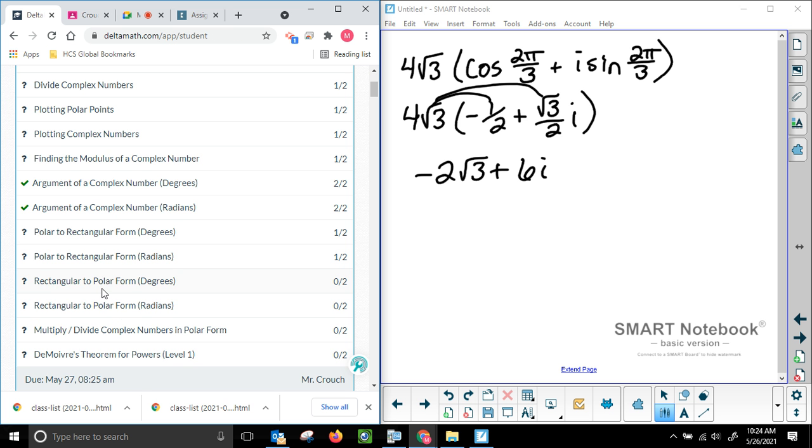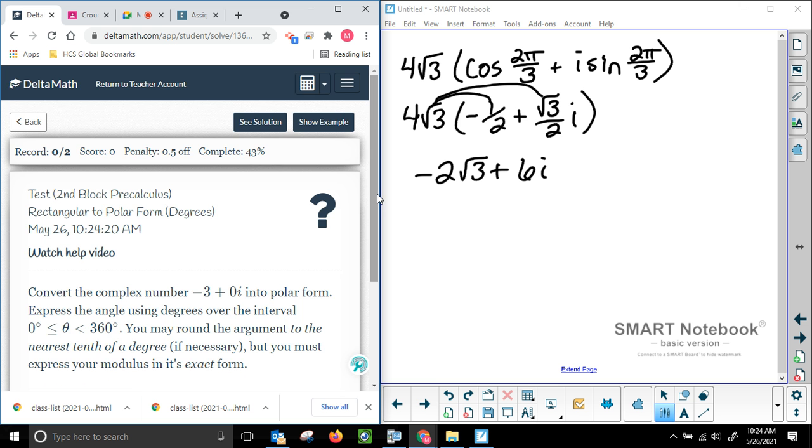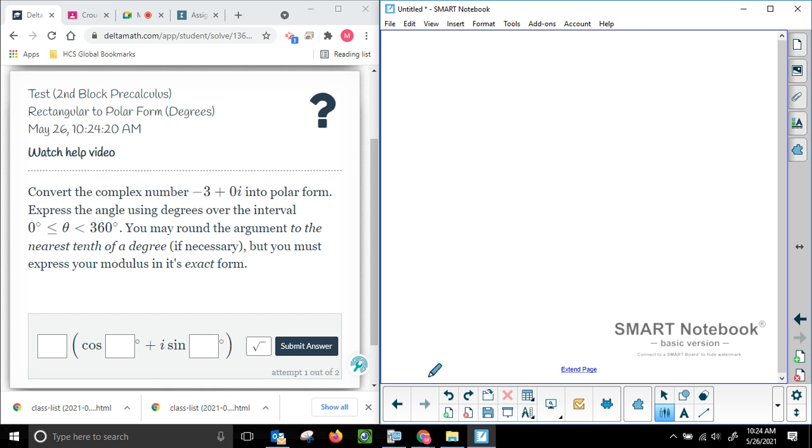So now we go down here. Now we're going from rectangular to polar, going into degrees here. It says convert the complex number negative 3 plus 0i into polar form. Express the angle using degrees from 0 to 360.